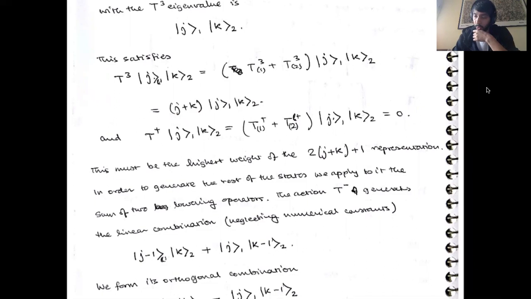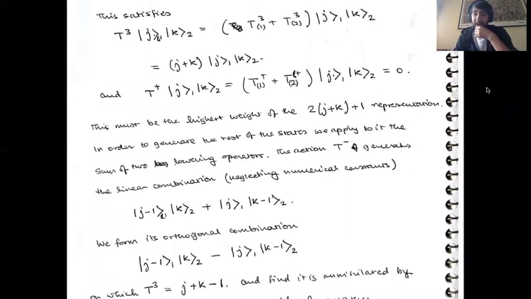Now let's try to get the rest of the states from here. We are going to apply the lowering operator and see what it gives us. So let's see what T minus does. Let's ignore the numbers from now on. This is going to give you some J minus 1 of 1 and K of 2, where T minus of 1 acts on this, plus J of 1 and K minus 1 of 2.